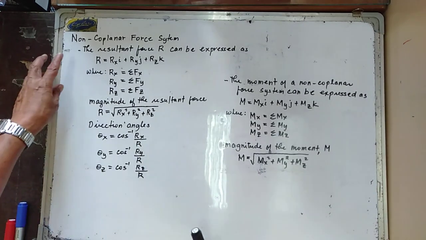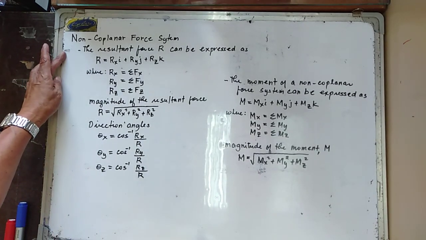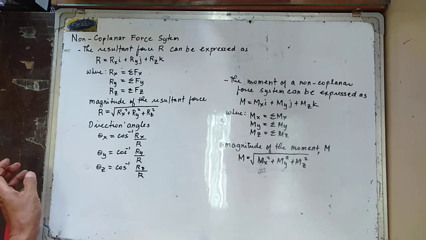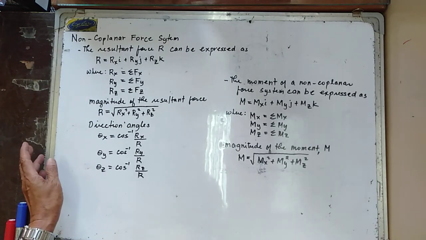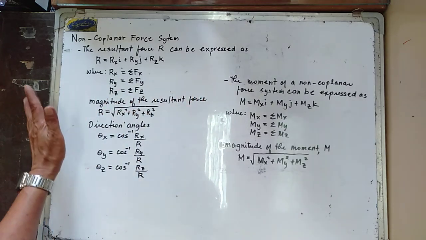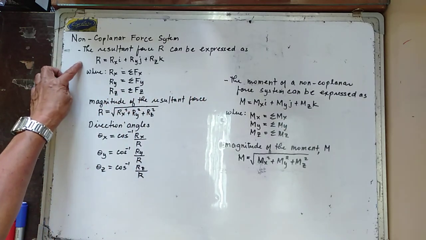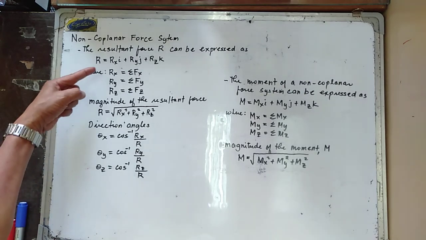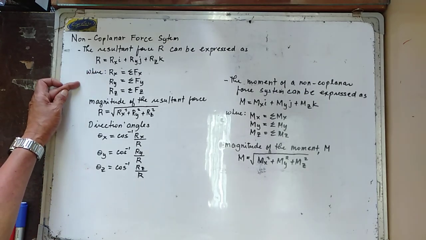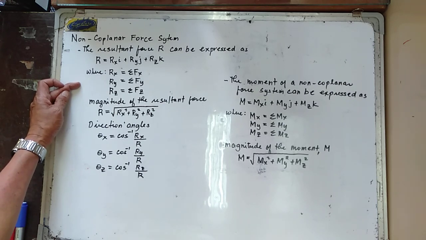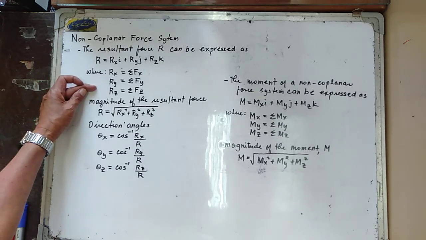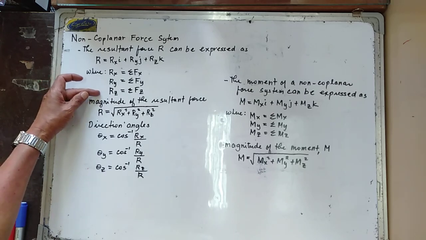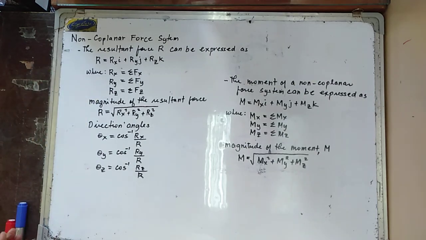Let us now proceed to non-coplanar force system. Now, the resultant force R of a non-coplanar force system can be expressed in vectorial form as R equals Rx i plus Ry j plus Rz k, where Rx is the summation of forces in the x direction, Ry is the summation of forces in the y direction, and Rz is the summation of forces in the z direction.